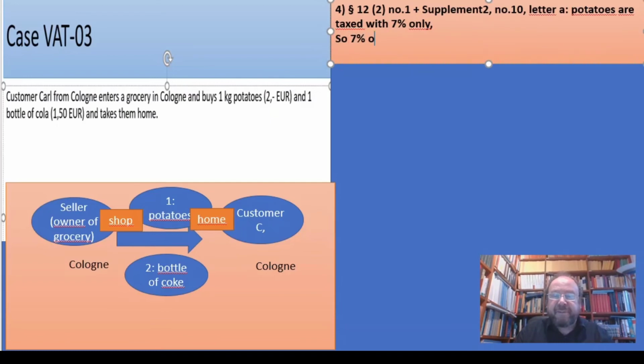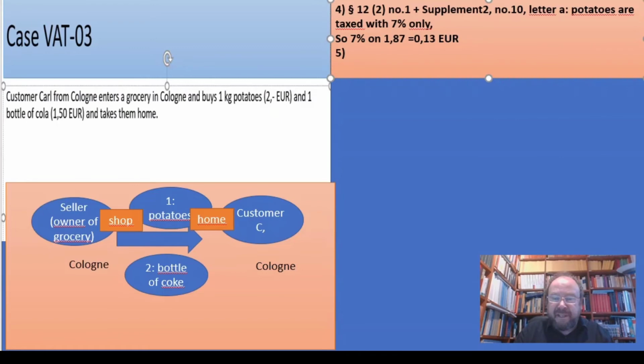So 7% on 1.86, or 1.869, so rather 1.80, 7% is 13 cents. Euro, sorry. So that's the tax which is due, and then we come to the formalities, how the tax is paid.